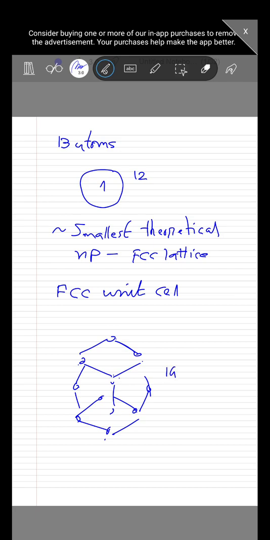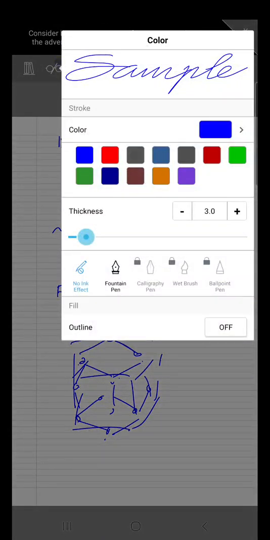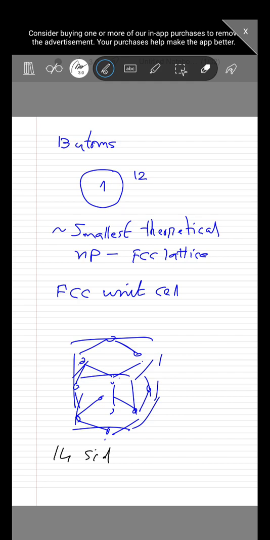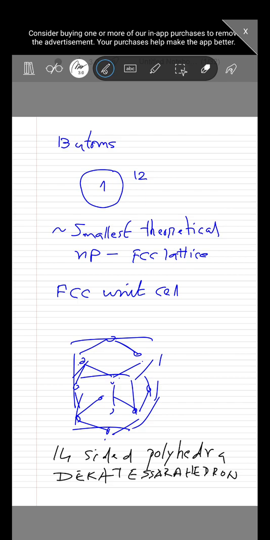So it forms a 14-sided polyhedra, known by the following name: decahedron, the 14-sided polyhedra.